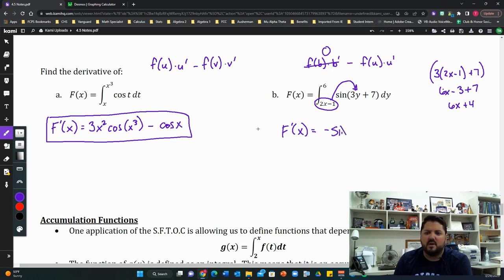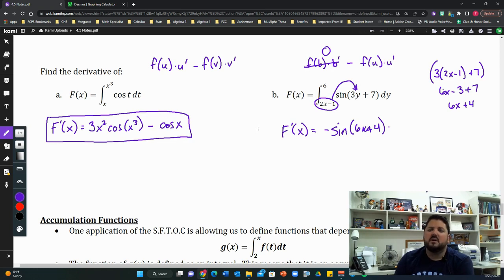So we get negative sine of 6x plus 4. Of course, now my tablet's going to freak out. But then again, we have to multiply by our u prime. And be really careful. It's really easy to look at this and say, oh, well, I'm going to take the derivative of this inside.